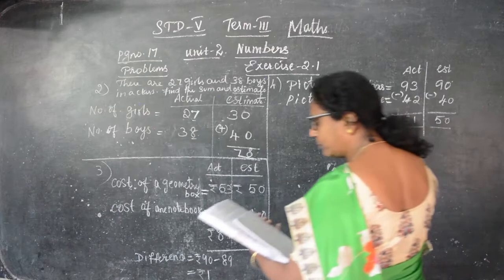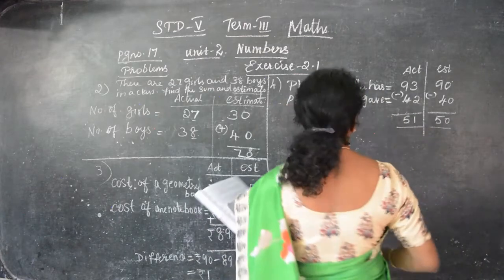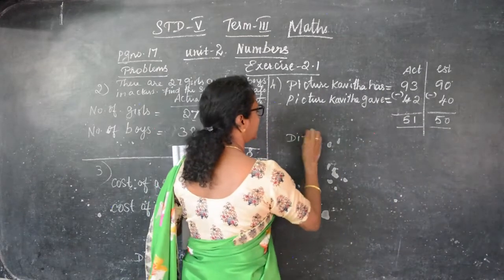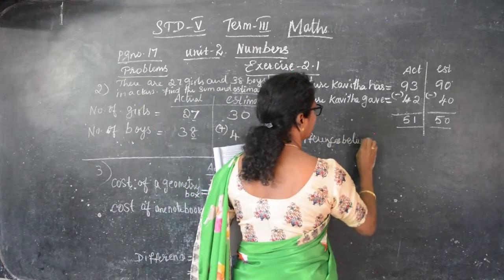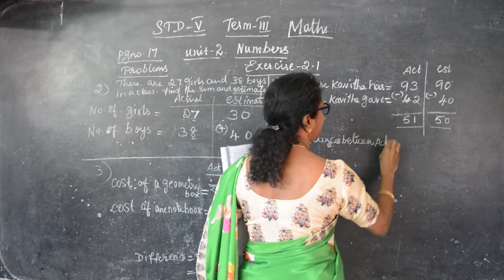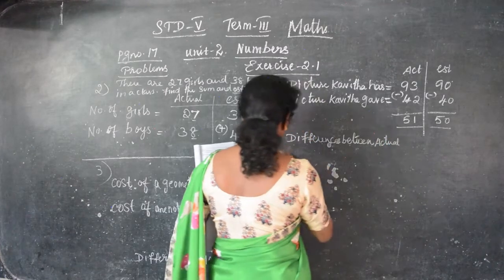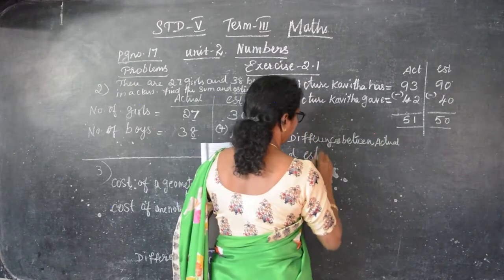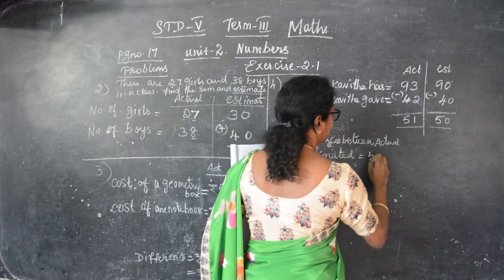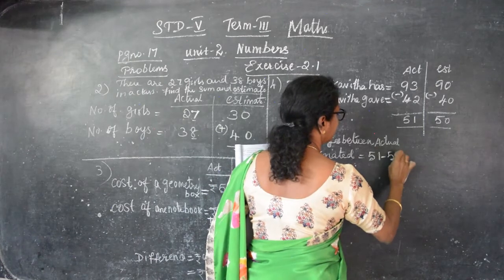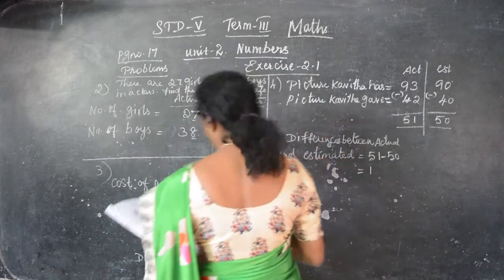And we have to find the difference between the actual value and the estimated value. Difference between actual and estimated is equal to 51 minus 50, that is equal to 1.